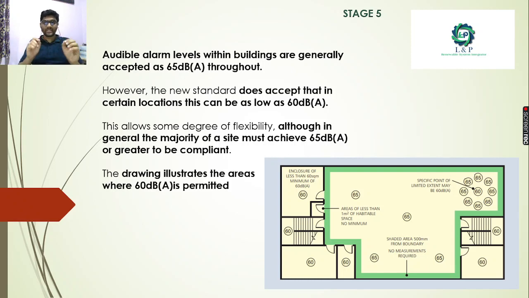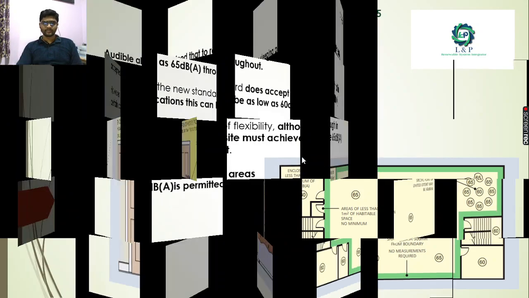Mostly, whatever area you are trying to locate, the audible alarm level should be 65 decibels. This is a typical example. Sounders have been located here, and it is less than 60 square meters, so an audible alarm range of 60 decibels is sufficient.